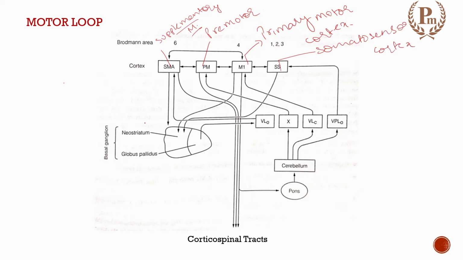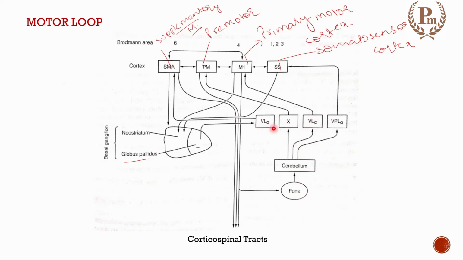Let us start with the connections. This is my basal ganglia, where this is the neostriatum and this is the globus pallidus. Then we have the pons, which is in the brainstem area. Here we have the cerebellum. The cerebellum forms a connection with my ventrolateral nucleus.